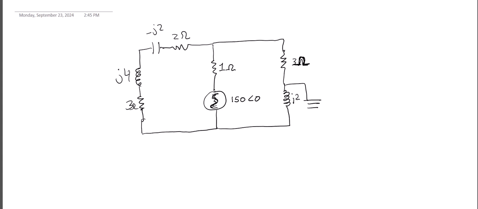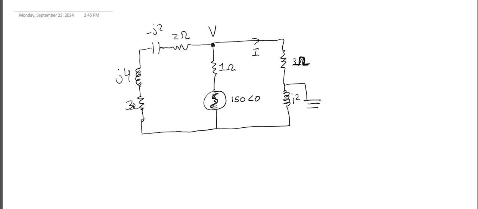And let's say that I am trying to find the current here, that current, and my directions tell me that I'm supposed to do it using current division, and I'm supposed to find the voltage here. And so that's what I'm going to do.